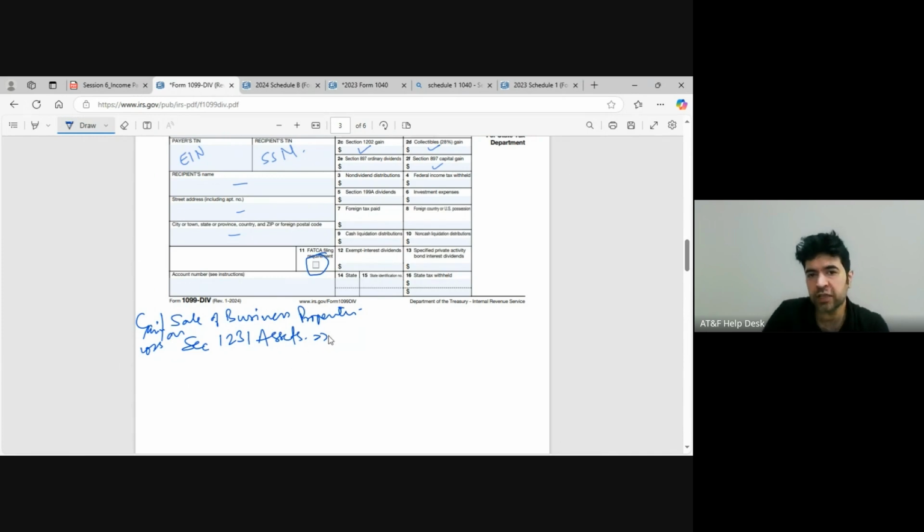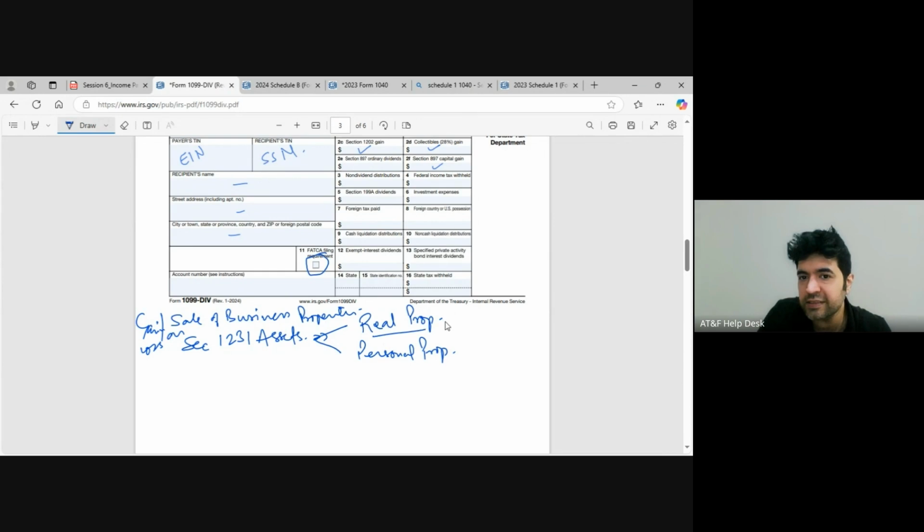So section 1231 asset includes both business properties which are real properties and business properties which are personal properties. Okay. Now here personal property does not mean personal. Personal property used for business. So what does that mean?